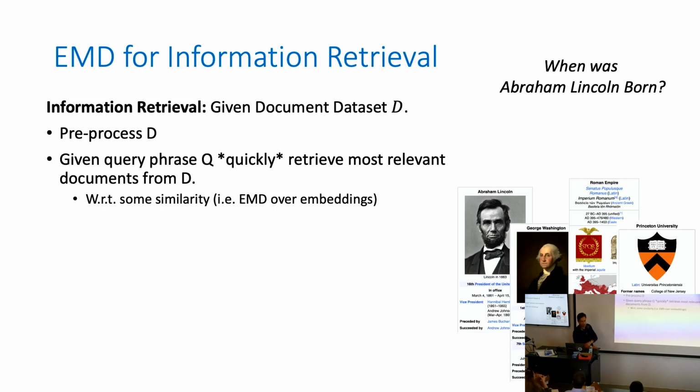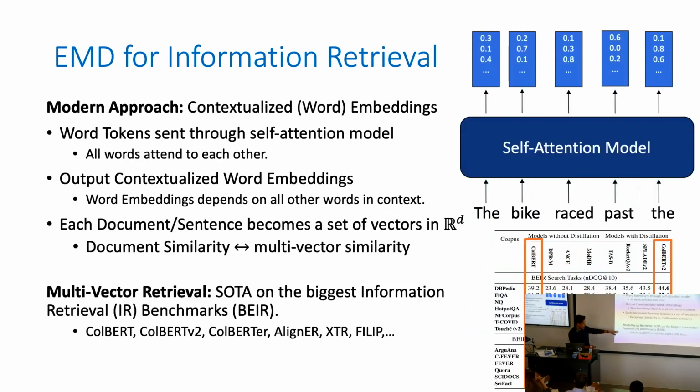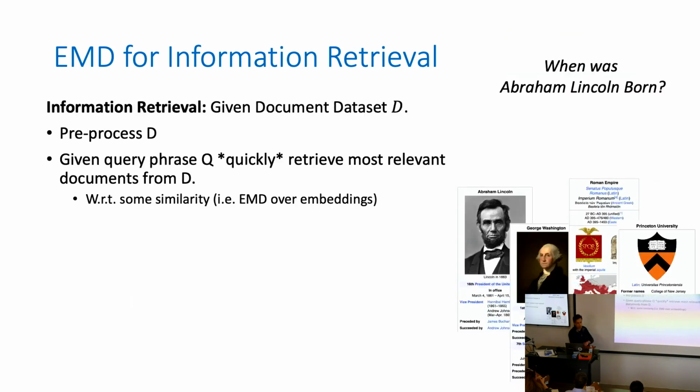But what is information retrieval? Just before we leave the practical side, are there products now that use something like this? Not at Google scale. The hope is that yes, soon. But this is a really active area of research, and these papers are all at most about 3 years old. There's recent work trying to get this to work, and we have a huge scaling issue because we want these algorithms to be as efficient or nearly as efficient as the algorithms that do information retrieval by a single vector.